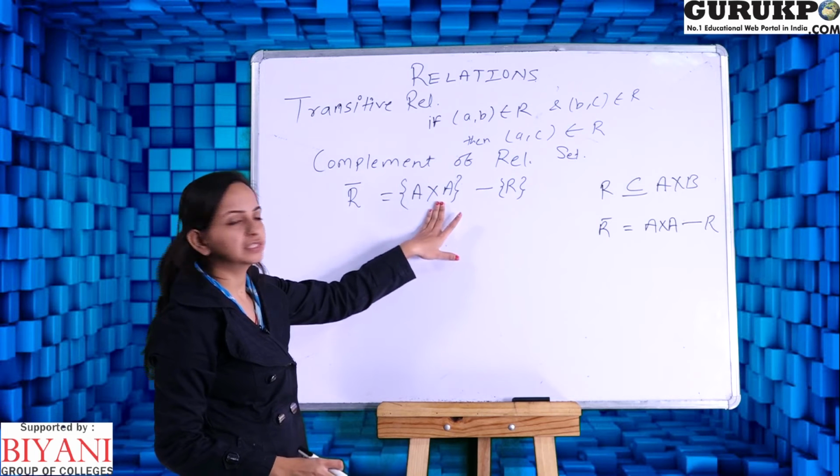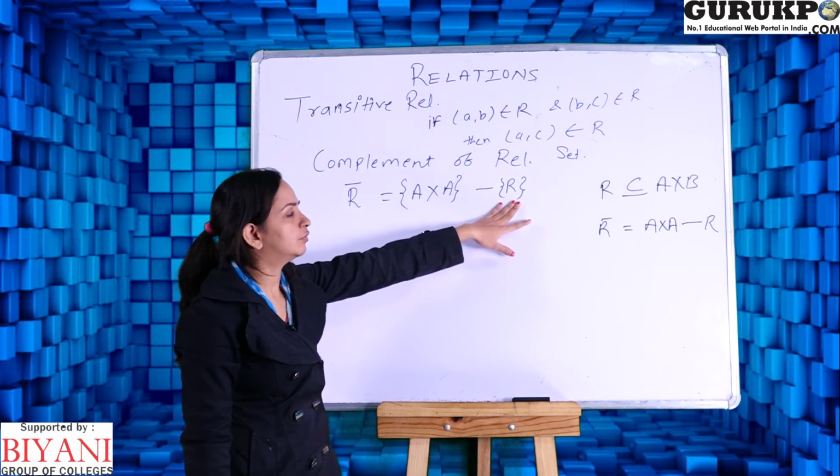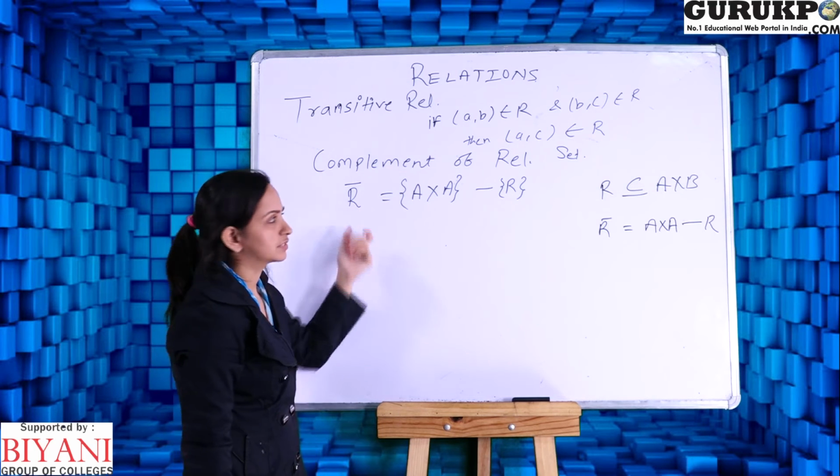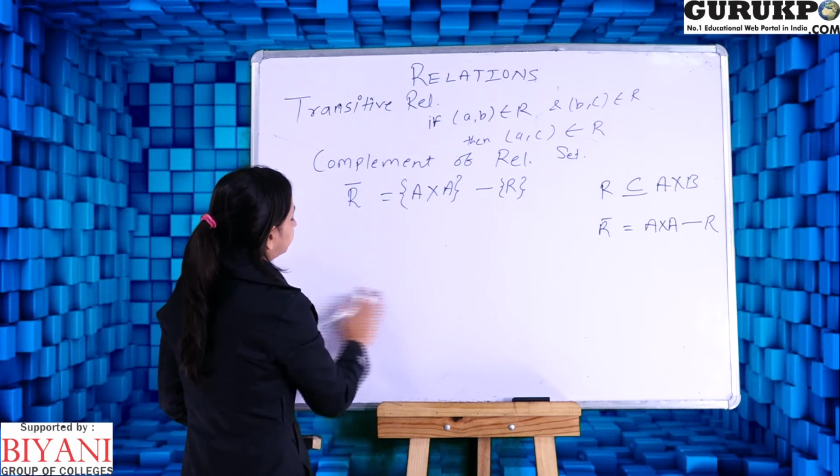Okay, this is the universal set for relation, and this is my set of relation. I am subtracting this, I am getting the complement of the relation. Okay, let's take an example.